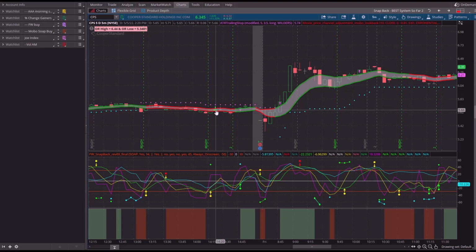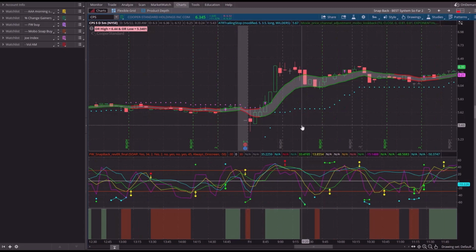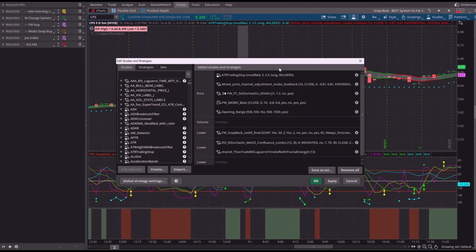Same with the purple. If you're looking to buy a stock, usually the purple shows you that there's a lot of downward momentum, and you may want to wait before you purchase. So that is the basics on the ATR trailing stop.